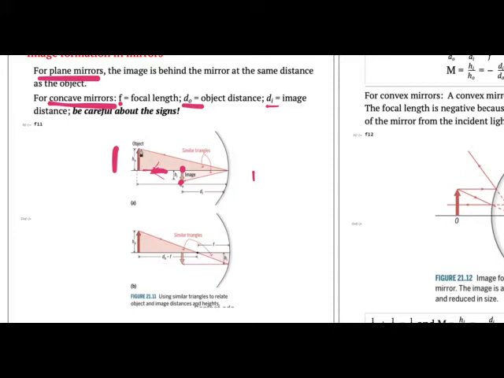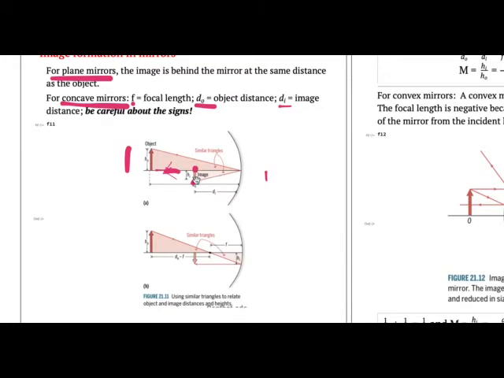And now you can relate these various things by trigonometry. This shaded triangle is similar to this lighter shaded triangle.